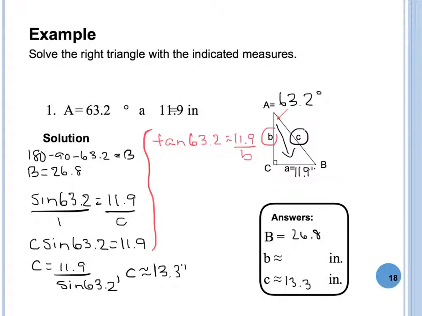So again, I will cross multiply and solve for b. And I find out that b, if I round to 1 decimal, is about 6 inches.